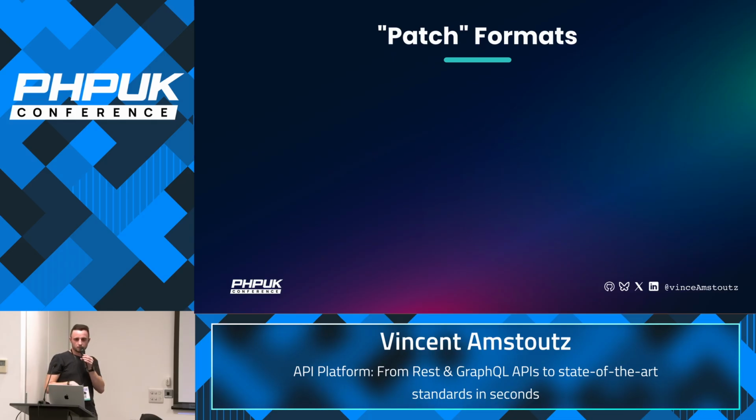We have other formats to complete this on the patch operations. So using these formats, we have the opportunity to handle patch updates with API platform by supporting basic form submissions, complex submissions, and granular edits.